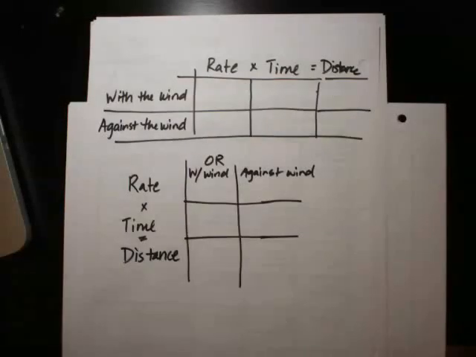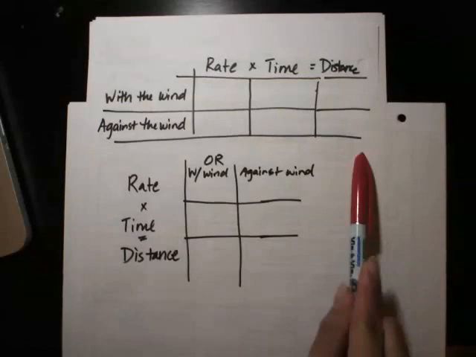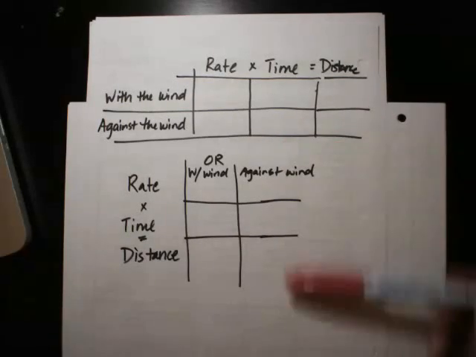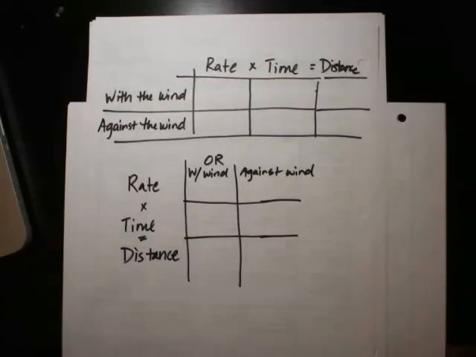Okay, to solve this problem, what I'd like for you to do is to set up a table. You can either set up a table horizontally or you can set up a table vertically. But the key, because these are rate problems, is that you'll be using the rate times time equals distance equation.